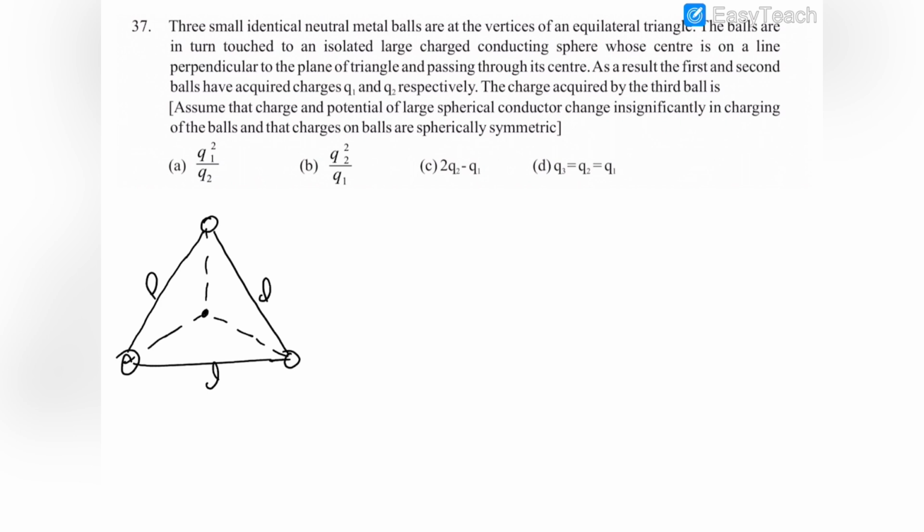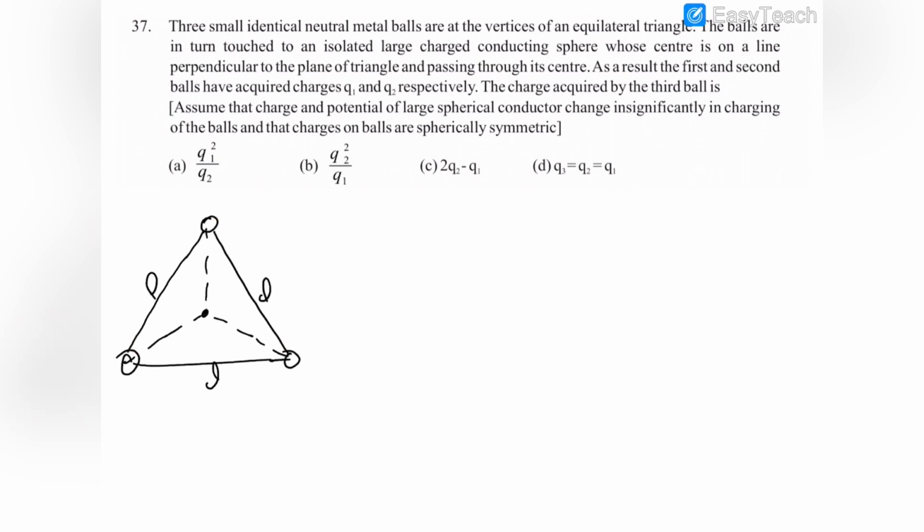So first of all, let us assume that the potential of the bigger sphere is V, and when that sphere touches ball 1, it acquires a charge of q1. So I am assuming that this ball has acquired the charge before these two balls.